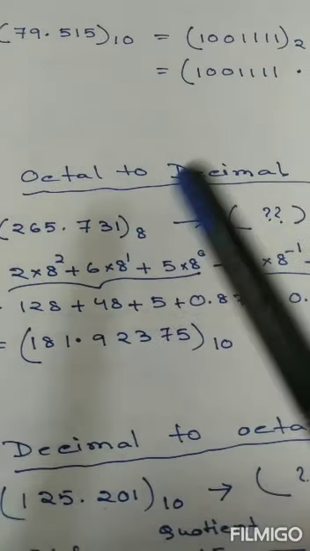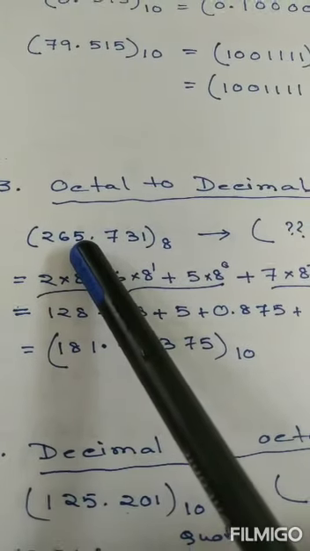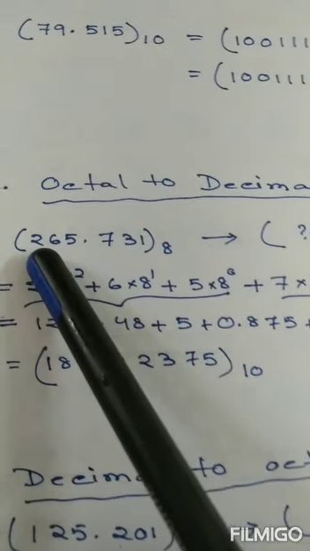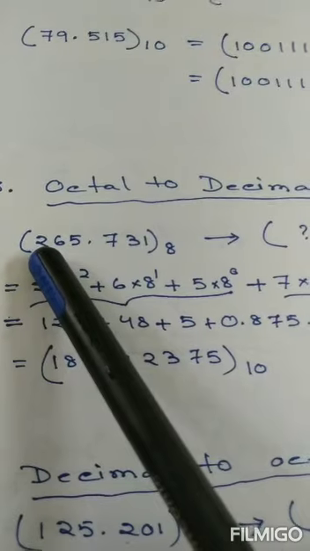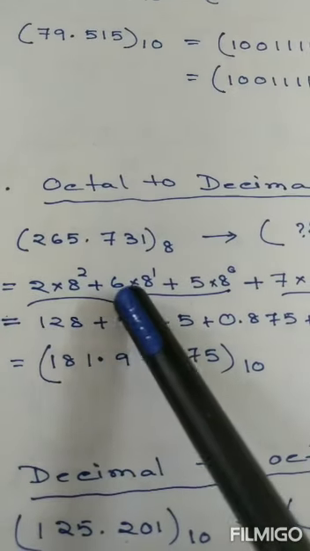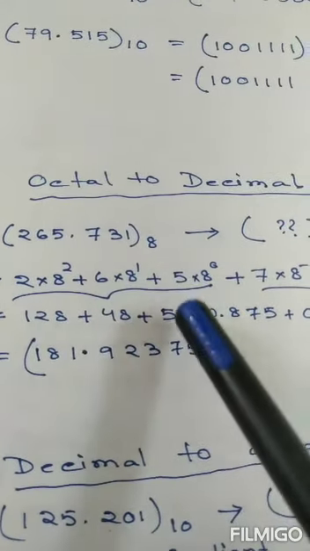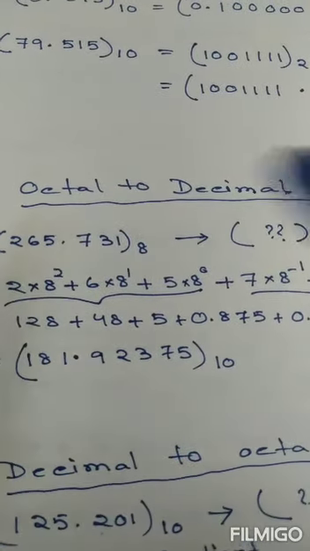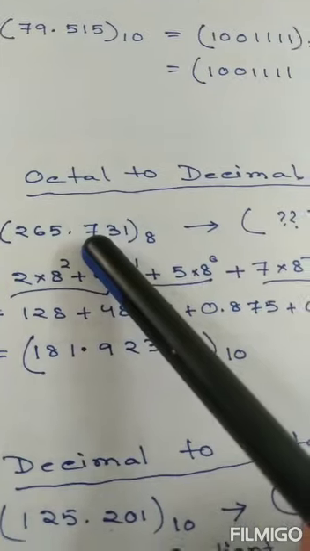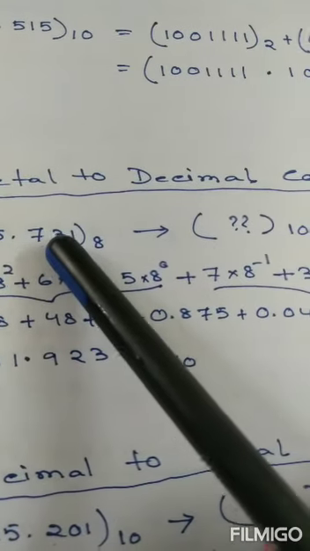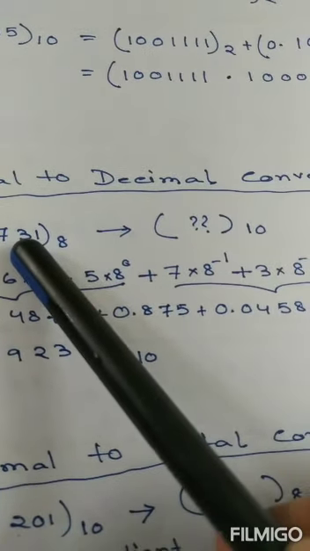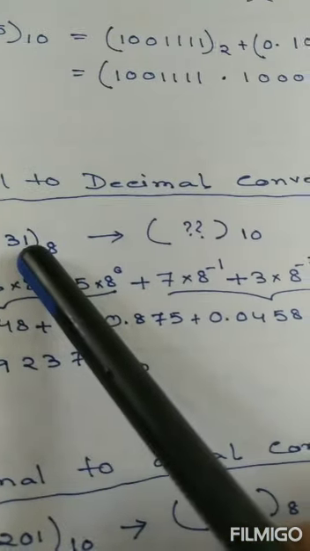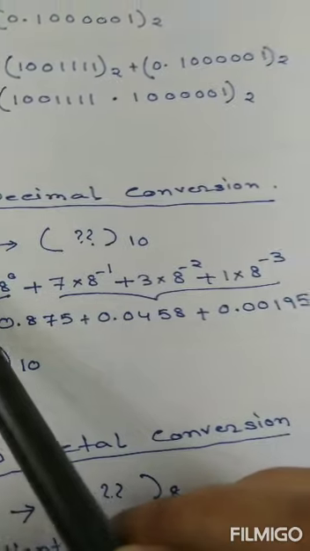So here the weightage value of 5 is 8 to the power 0, for 6 is 8 to the power 1, for 2 is 8 square. So 2 into 8 square plus 6 into 8 to the power 1 plus 5 into 8 to the power 0. And for the fraction part, the weightage value for 7 is 8 to the power minus 1, for 3 is 8 to the power minus 2, for 1 is 8 to the power minus 3.